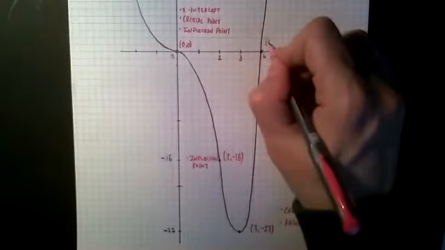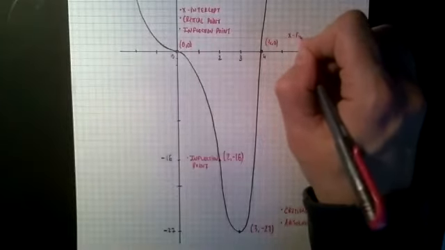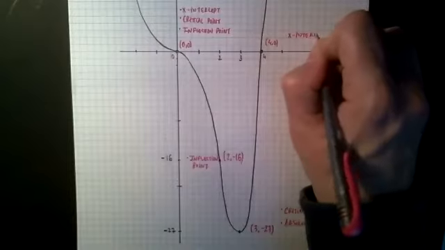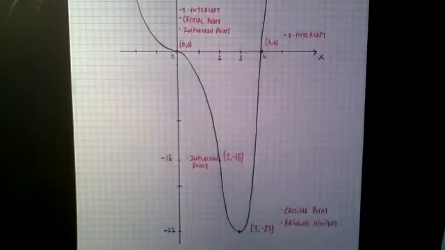Okay, and this point here, which is (4, 0), it is just an x-intercept. And that's it. That's all there is to say. We finished, we drew the graph. Are there any questions?